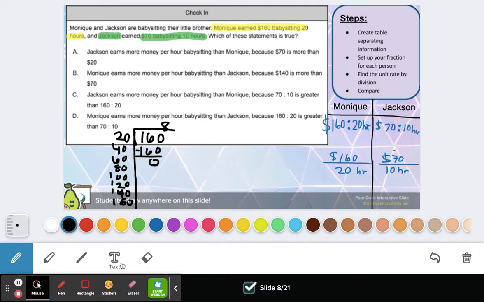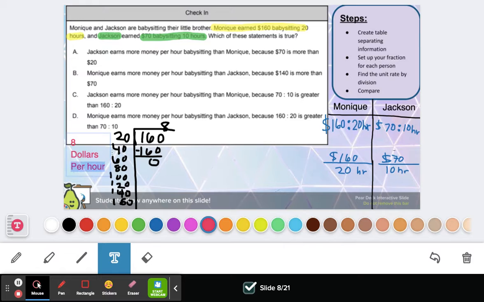So what this one means is that, I'll write it in pink, Monique earns what? $8, right? $8 per hour, right?